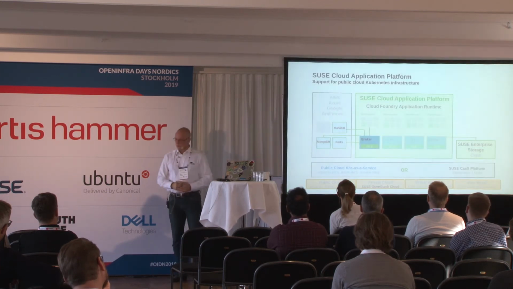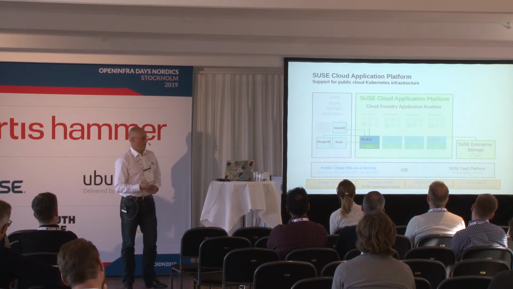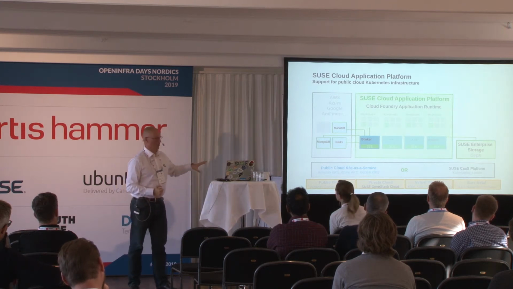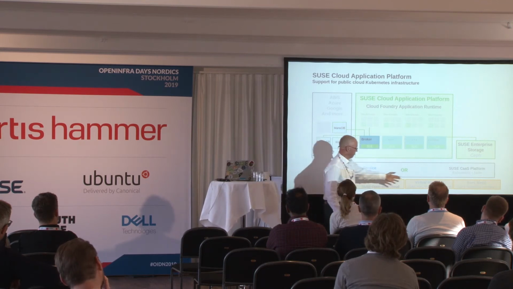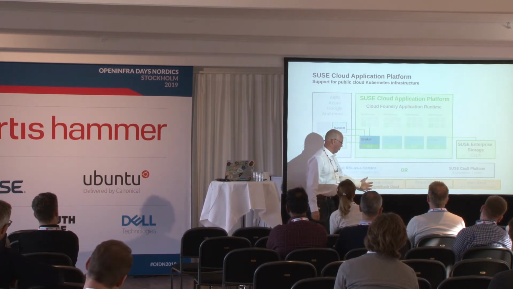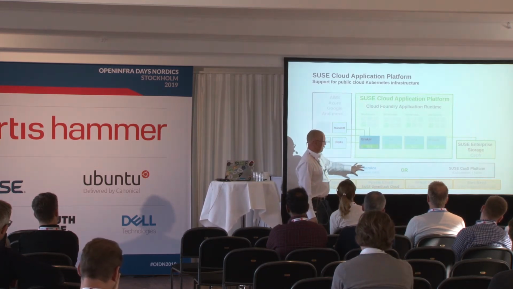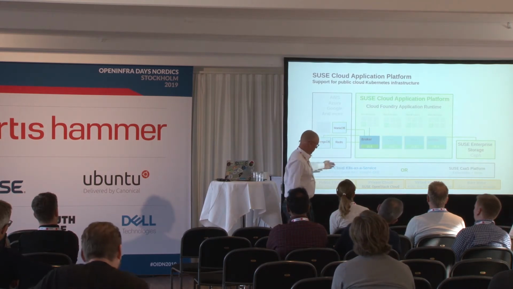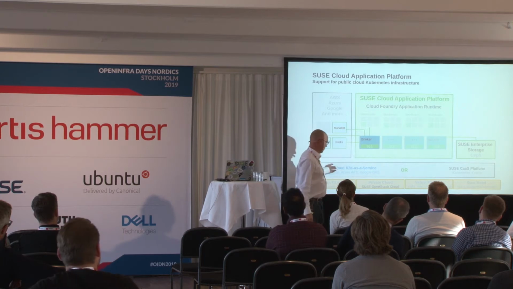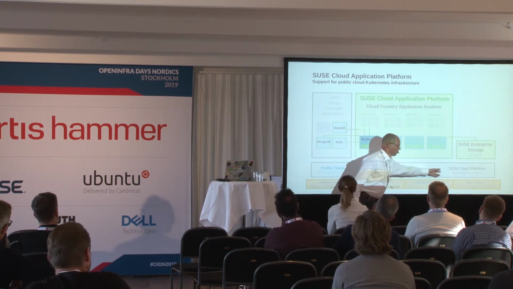And if you talk about the infrastructure that SUSE has, on the bottom we have some kind of hardware. It could be either bare metal, or we could have OpenStack, and on top of that, some kind of Kubernetes service, either on the cloud or running SUSE CaaS.